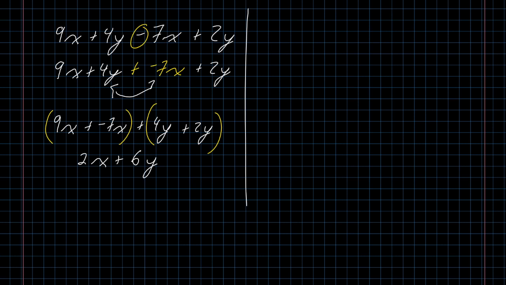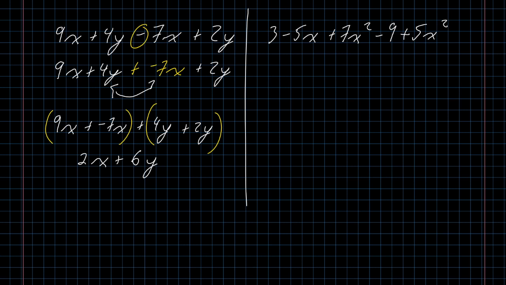All right, one more example here. 3 minus 5x plus 7x squared minus 9 plus 5x squared.